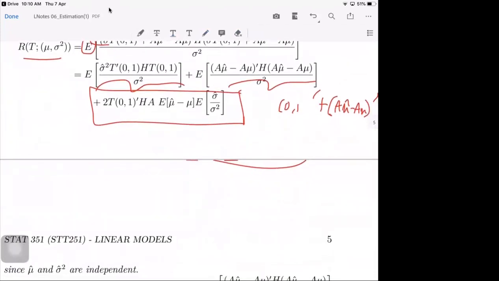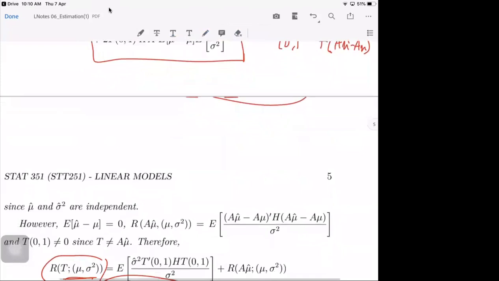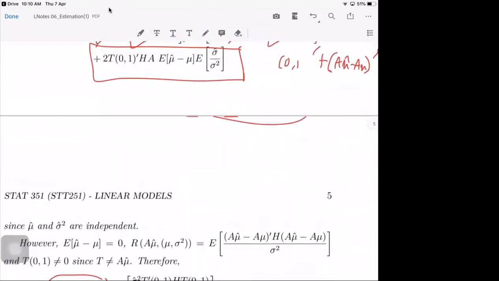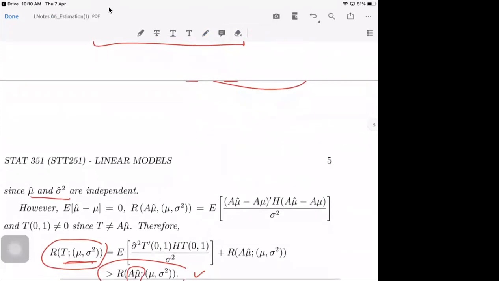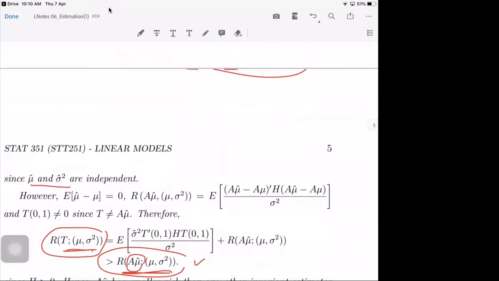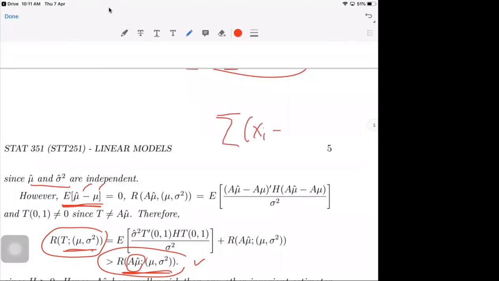Okay. So, after simplifying that, and we know that mu hat and sigma hat square are independent. We have shown that in chapter 5 that they are independent. And you know in general that the expectation of mu hat minus mu will be equal to 0. That is similar to the concept that xi minus x bar is equal to 0. No?